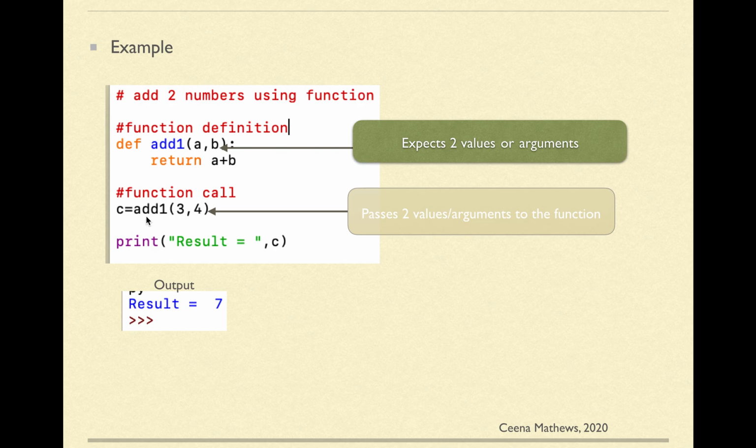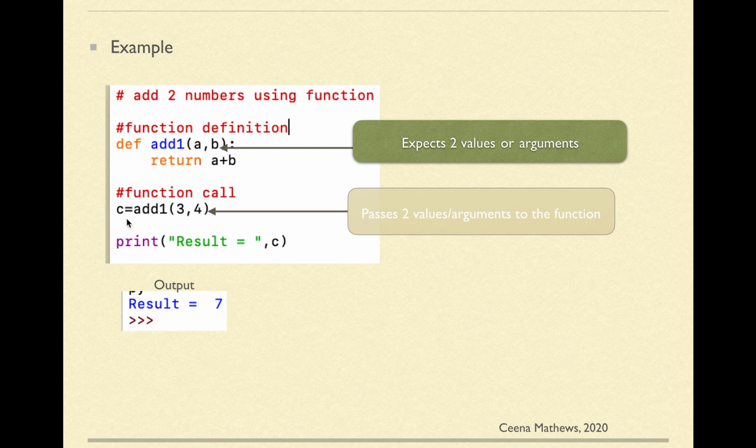And here at the function call, we have two parameters passed to this function definition. Whenever the program encounters a function call, the program control will be transferred to this position. That is, it will come to the position def, and the statements will be executed, and if it has a return statement, the value returned, that is after calculating this a plus b, will be returned to this variable c.